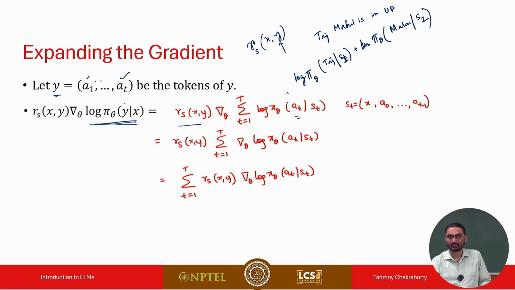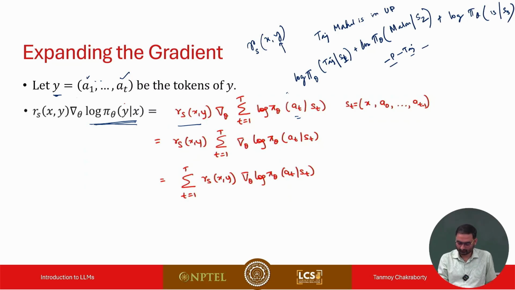What is S2, by the way? S2 is the prompt "Where is Taj Mahal located?" and Taj together, plus log of the next token given S3. What is S3? Prompt plus Taj Mahal, and so on and so forth. And we move this gradient inside.